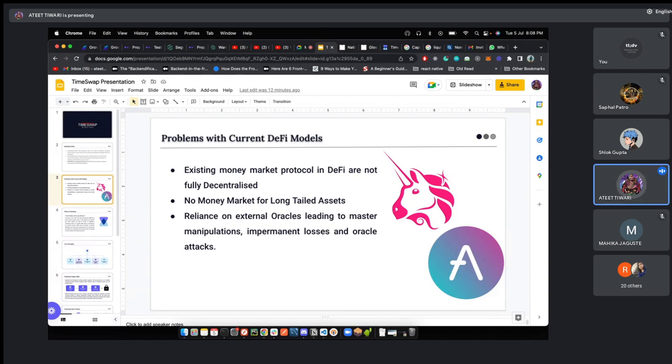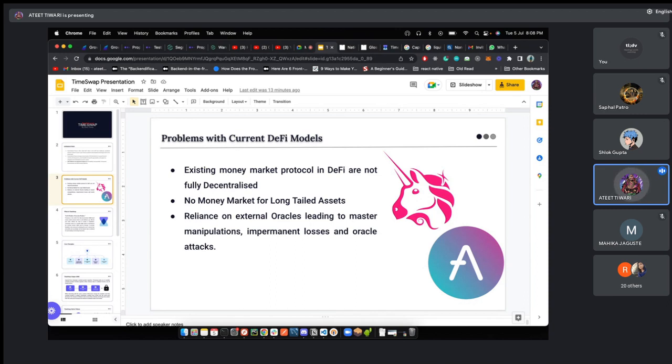They are using a centralized entity, oracles, to calculate their collateralized interest rates. That makes all these DeFi protocols, which use this third-party Oracle system, prone to attacks and manipulations. Anyone can manipulate the Oracle nodes and can manipulate the pooling structure of all these DeFi protocols.